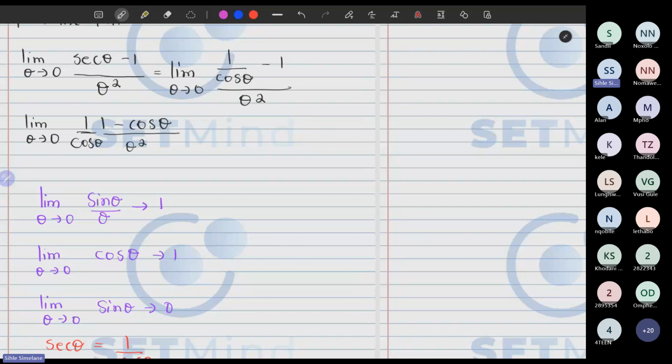So if we try to substitute 0 in our equation here, you look carefully, what we will have is 1 over cos of 0, multiplied by 1 minus cos of 0 divided by 0.